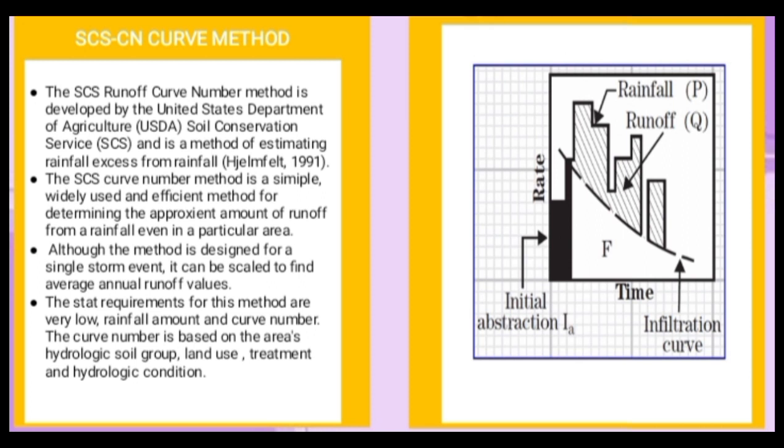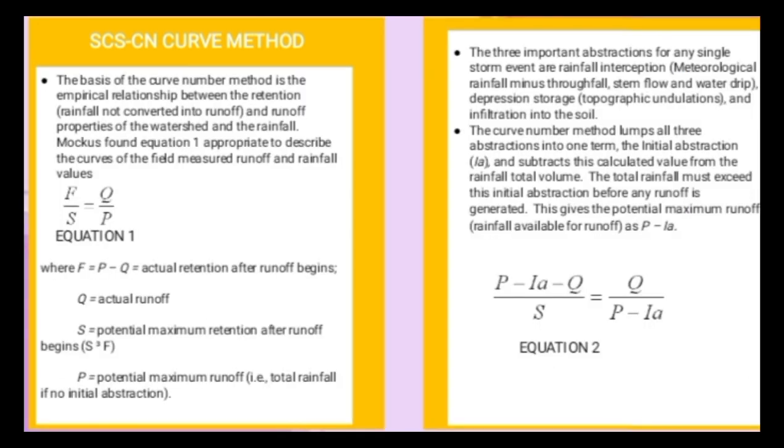The basis of the curve number method is the empirical relationship between the retention, or the rainfall not converted into runoff, and runoff properties of the watershed and the rainfall, found in equation 1, appropriate to describe the curves of the field measured runoff and rainfall values.